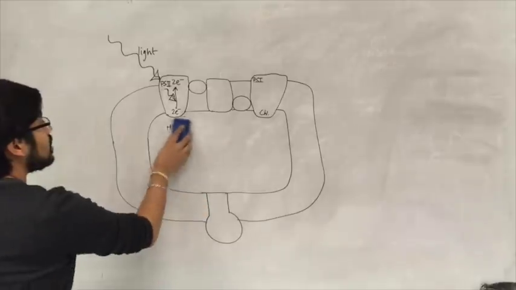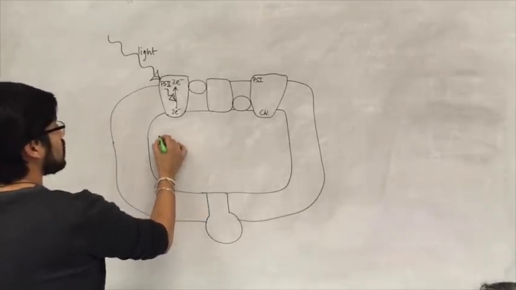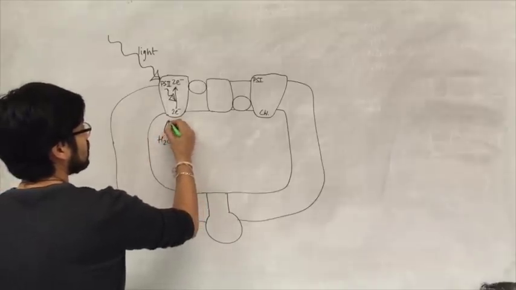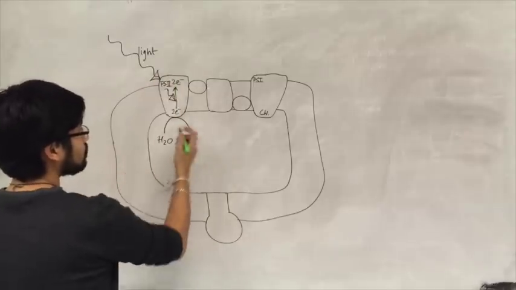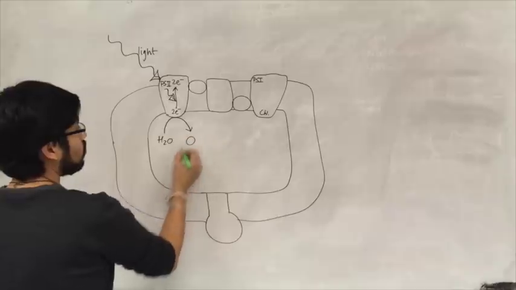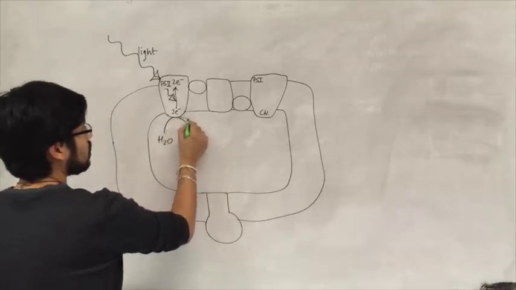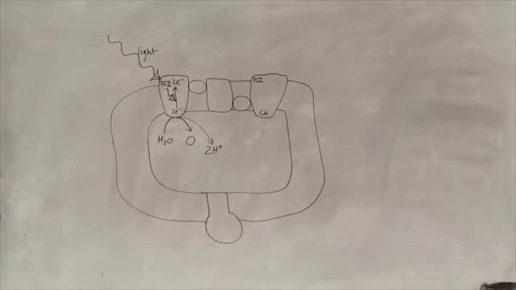If I can redraw that, the way I would do that is I'd show that we have H2O and that's getting split, providing the electrons into the chlorophyll, and we come out with oxygen and we come out with 2 protons. Alright, so 2 protons right there.